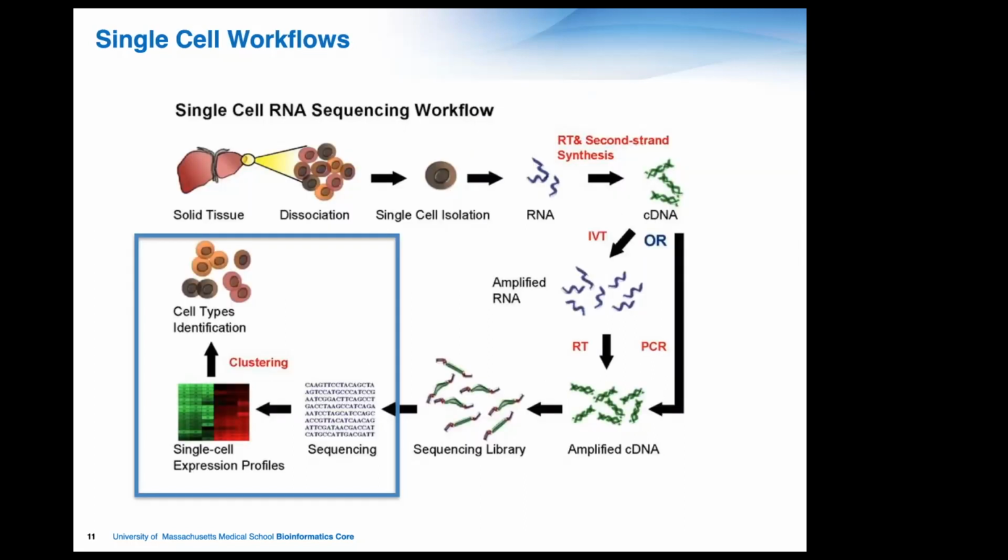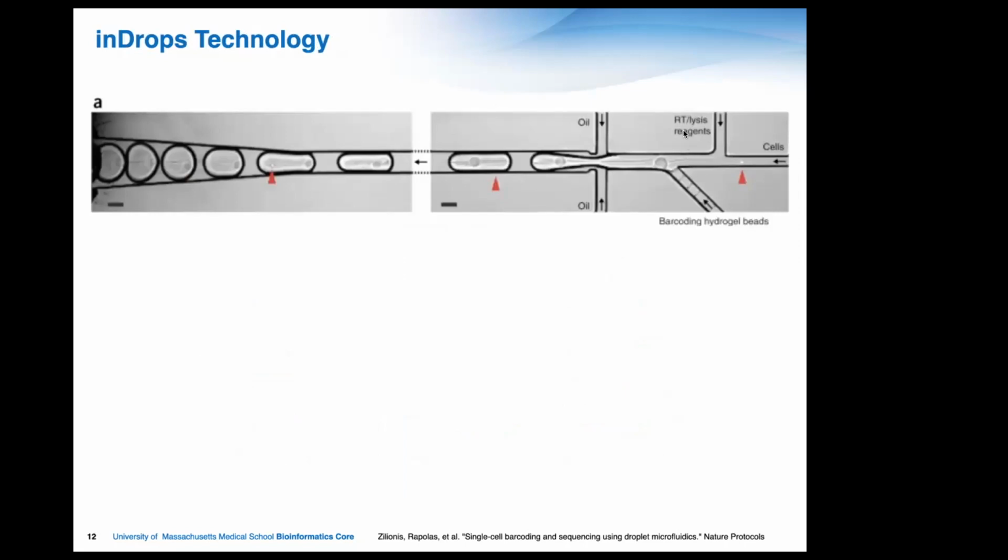Today, the data that we are going to look at was generated with the InDrops technology. I had mentioned that some methods are using microfluidics. Other methods use a 96 well or a 384 well plate. InDrops is one of the microfluidics based techniques. 10x, which is probably at this point the most familiar name as far as single cell, is what you'll usually see if you read it in a paper.